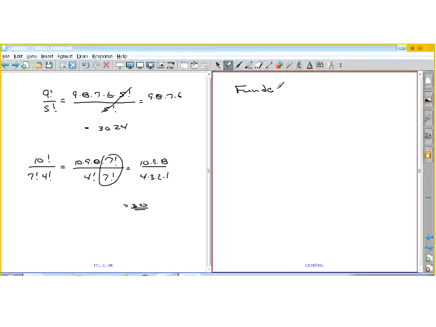Okay, then you want to be able to do the fundamental counting principle. Everything comes down to the fundamental counting principle. And some problems you may be able to answer using permutations or combinations, but I want you to have it where you can explicitly choose something. So let me give an example.